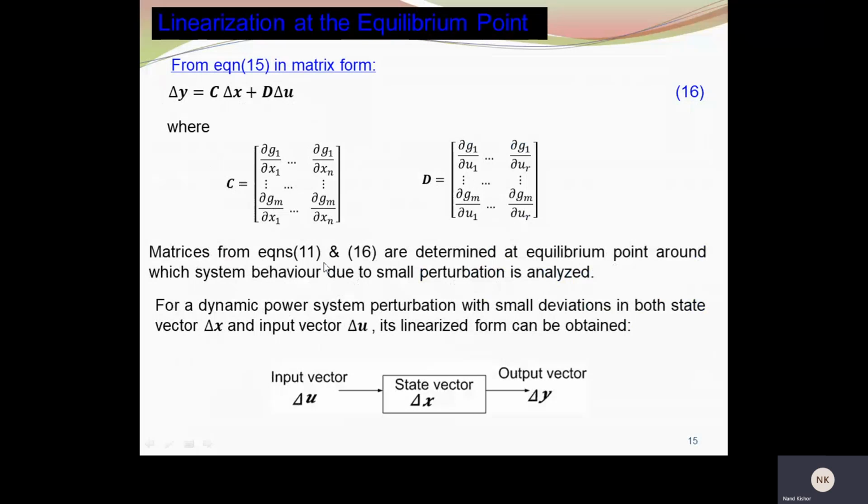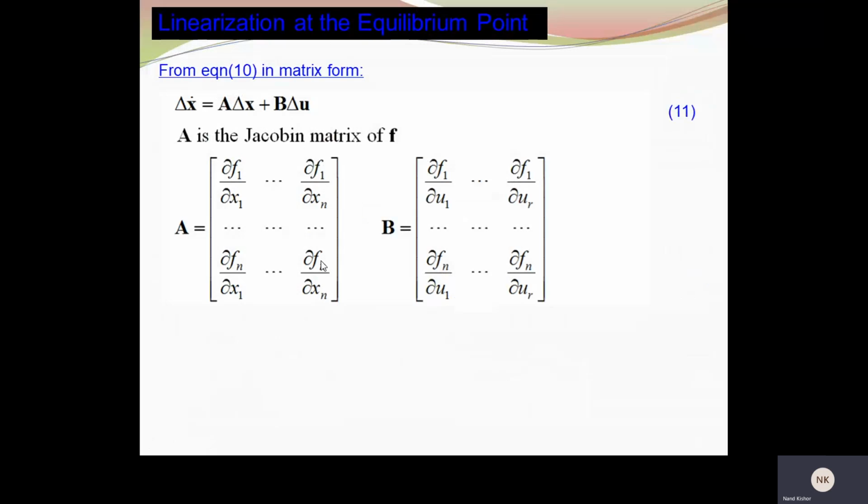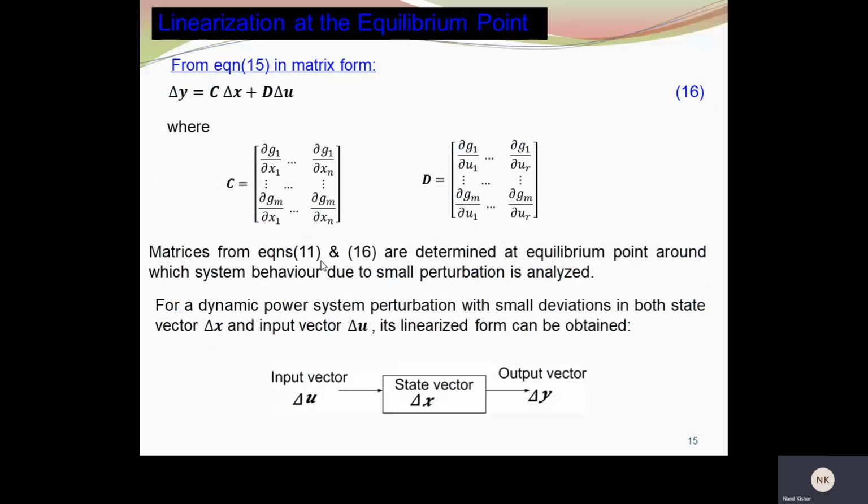So with these matrices, together with those in the previous slide, equation 11, and next equation 16, we can determine them at the equilibrium point, right, for which we want to analyze the system behavior against small perturbations here.